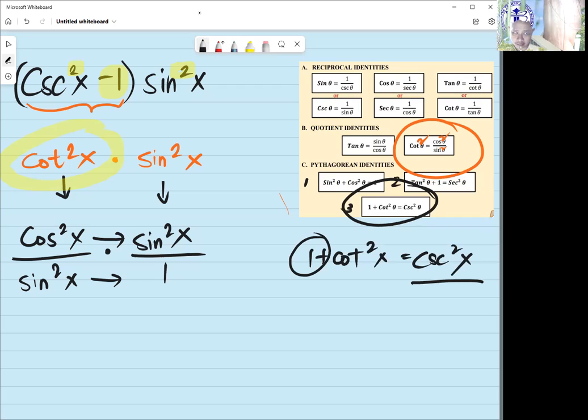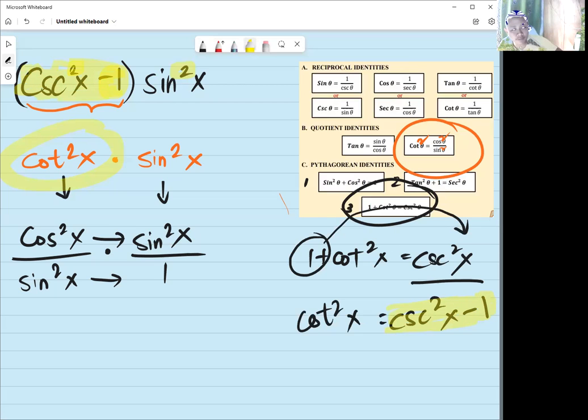Let's transpose 1 to the other side. So this will become cotangent squared x is equal to cosecant squared x minus 1, the one you transposed. So now the cosecant squared x and your given cosecant squared x minus 1 are the same. So from there, we can now change that to cotangent squared x. Is that clear? Where did the cotangent squared x come from?